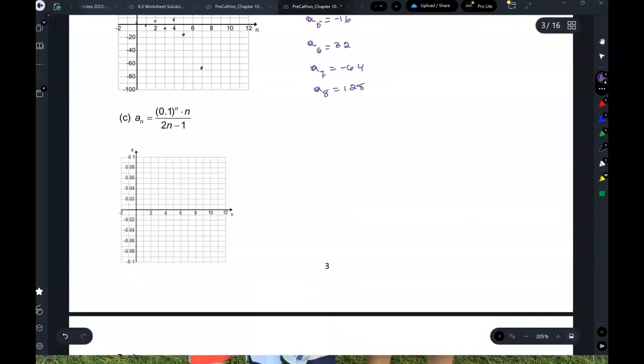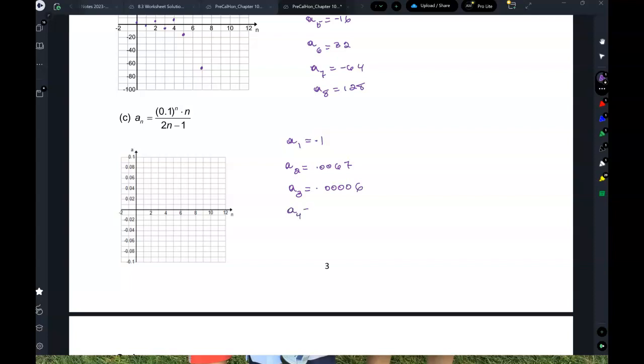Okay, this one, I'm just going to give it to you. A sub 1 is 0.1. A sub 2 is 0.0067. A sub 3 is 0.0006. A sub 4 is 0.00057. Crazy. Okay, so 0.1.